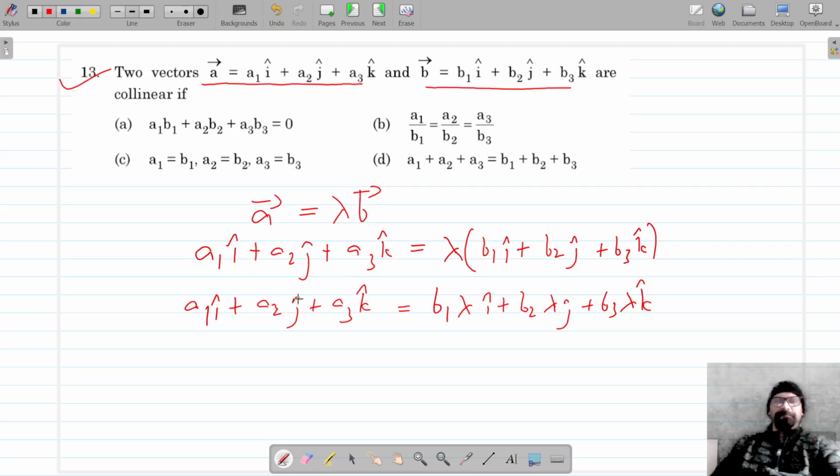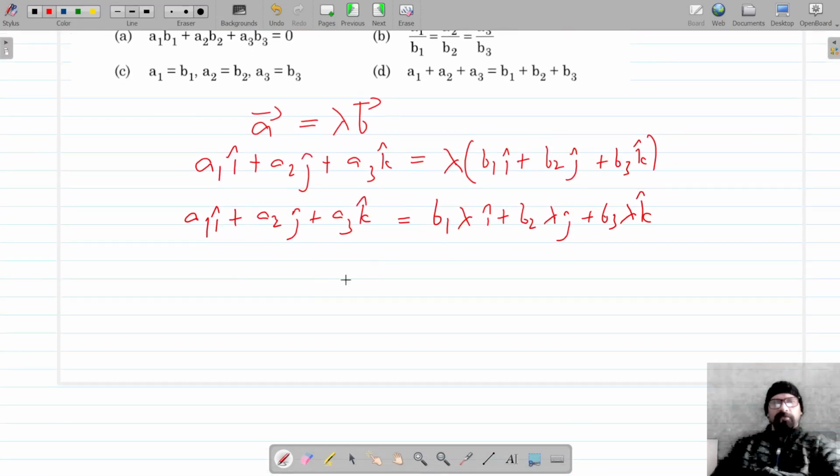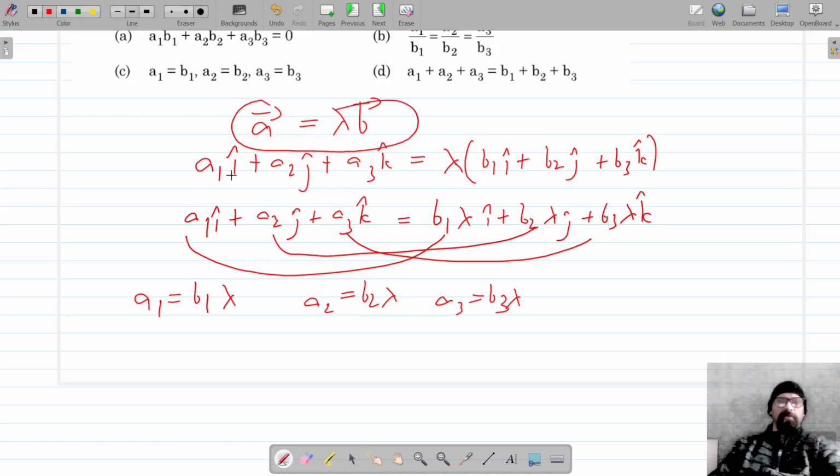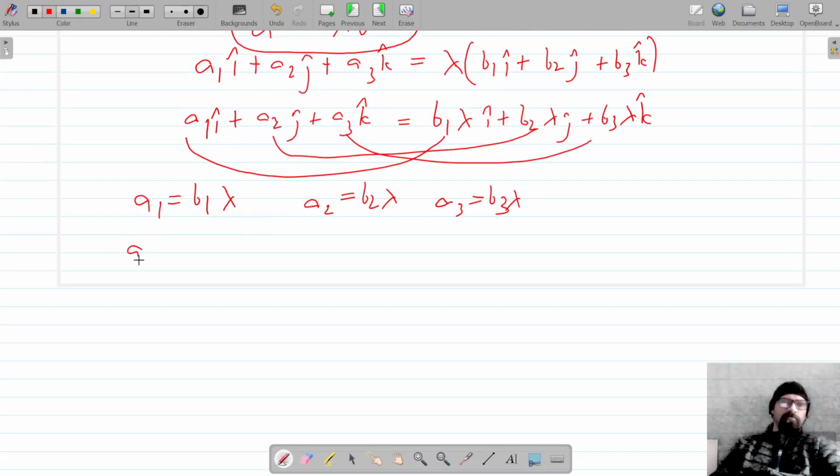Now, if these two vectors are equal, that means A1 is equal to B1 into lambda, A2 is equal to B2 into lambda, and A3 is equal to B3 into lambda. So this was the condition for collinear vectors, and I have put in the values of A and B, let's see what we get.